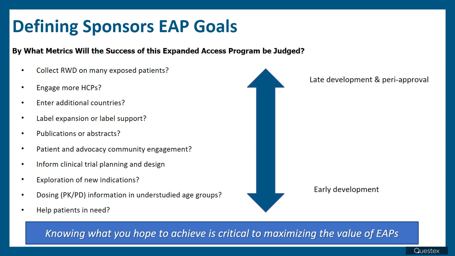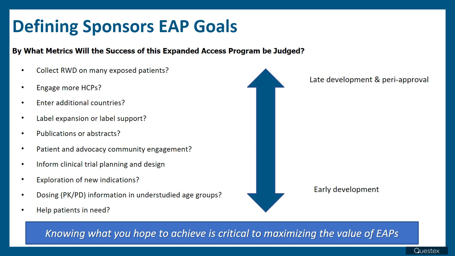In the interest of time, I'll quickly review a couple of key points about planning these things, starting with the sponsor goals and objectives, which are tied to the development stage. Real-world data and engagement can be later stage objectives, whereas things like PK for pediatric populations are things you might do early in development through an expanded access program.